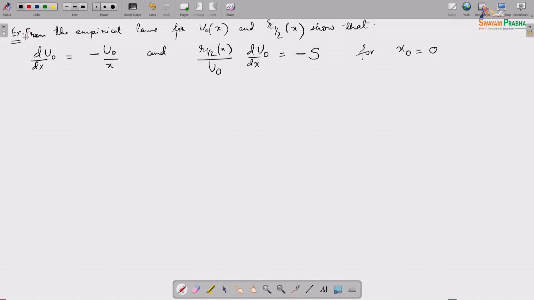From the empirical laws, we need to show that the rate of change of the central line velocity along x is equal to the negative of the central line velocity by x, which is the distance traveled. And the other is we have an expression.